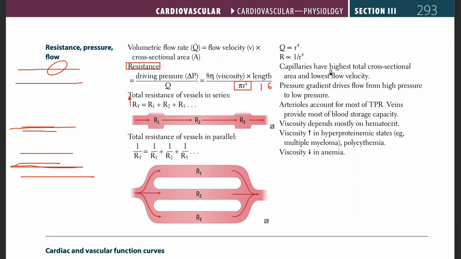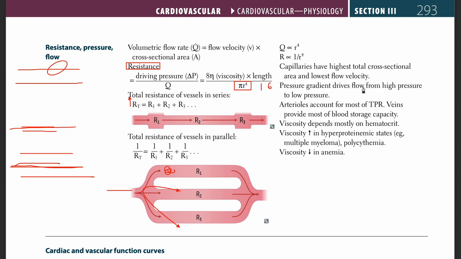Capillaries have the highest total cross-sectional area and lowest flow velocity, right? Because again, capillaries split the vessel up, so the resistance is going to be low. If there's a blockage here, it's just going to flow into this one and into this one. Unless there's a blockage here too, then it's going to back up and increase pressure and resistance. So that's how that works.